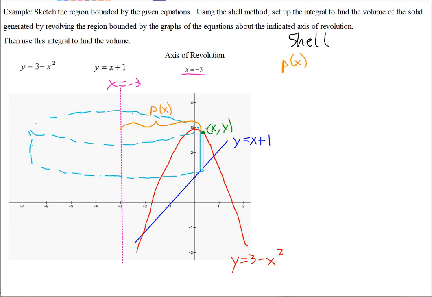So you do the right minus the left. So this is x. On the previous one, it was revolved around the y-axis that we did the shell method, so it was x minus 0. But in this case, it's going to be x minus, right minus left, the left is at negative 3, which you can see simplifies to just be x plus 3.